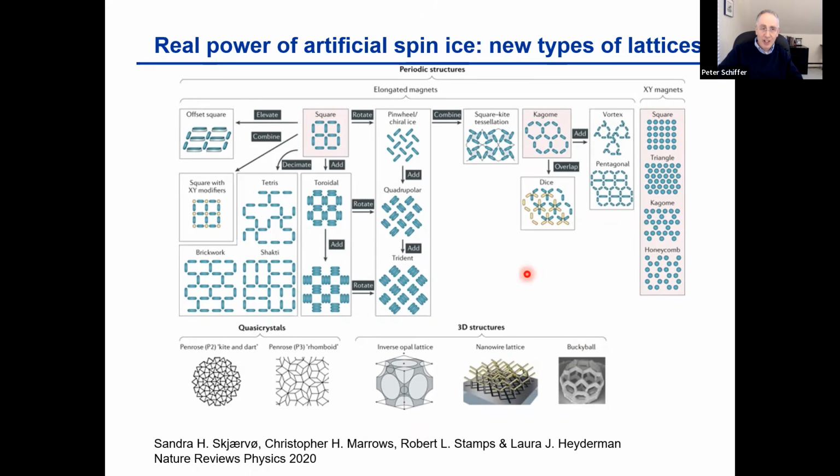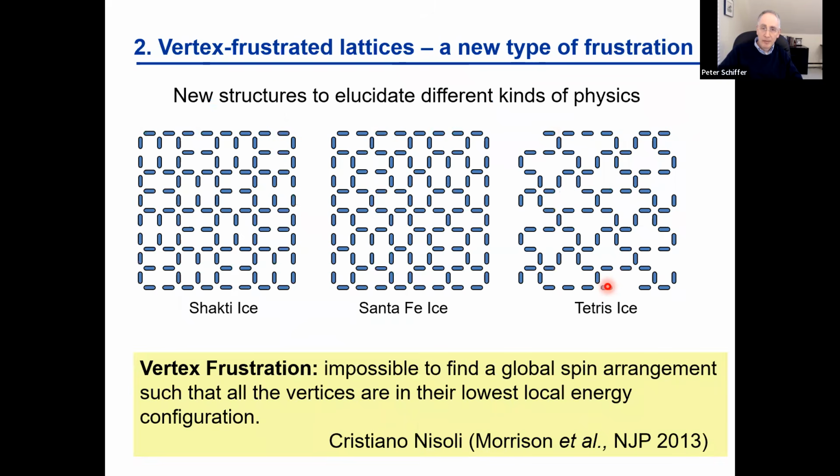Each one of these lattices turns out to have its own special physics, and people have made quasi-crystal lattices. They have made round islands that are circles, that are XY magnets rather than the Ising-like. So there's lots of different physics that can be explored here that I'll only talk about a small fraction of. So with that introduction, now let me talk about vertex frustrated lattices.